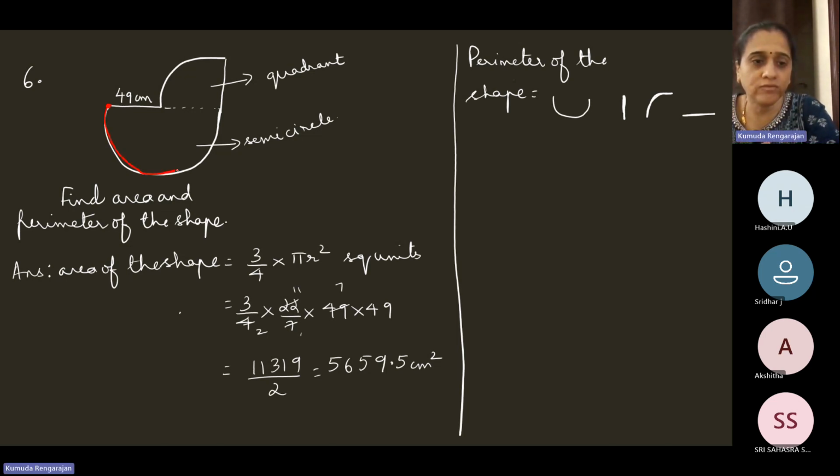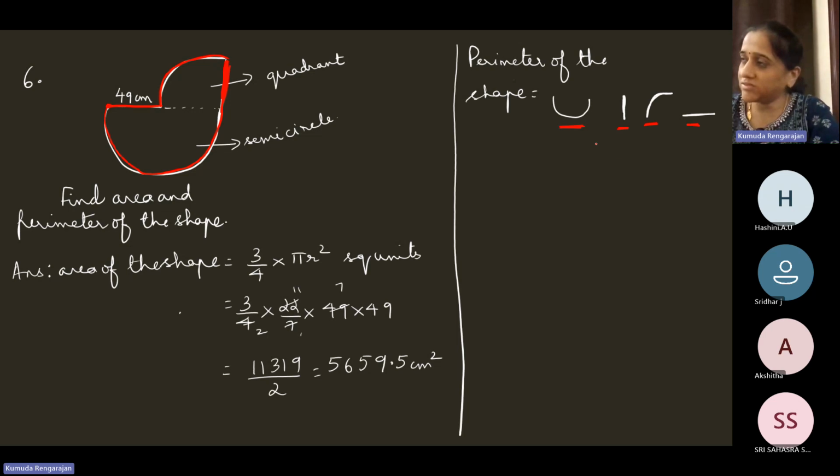We need to find the length of the semicircle, which is what I've shown here. Okay. Then we need to find the length of this line segment. This line segment. Okay. That's what I've shown here. Then the length of this arc and the length of this line segment.